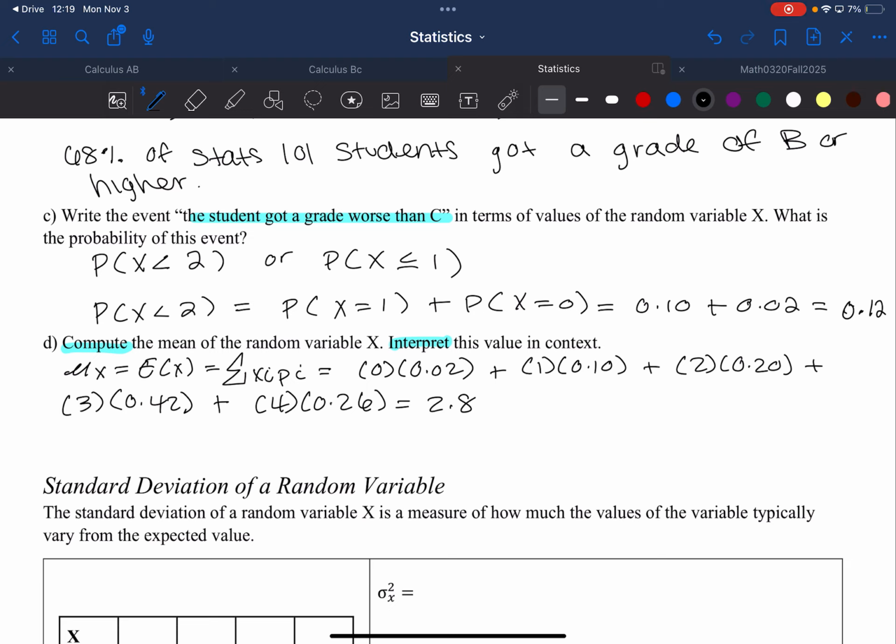What does expected value mean? Remember, go back to expected value. That we expect if we did this trial infinitely many times.